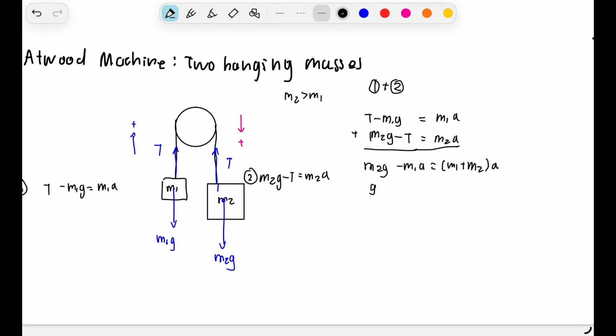You can factor out a g here, this is a g, by the way. And you have m2 minus m1 times g is equal to (m1 plus m2) times acceleration. So acceleration is equal to g times (m2 minus m1), all divided by (m1 plus m2).